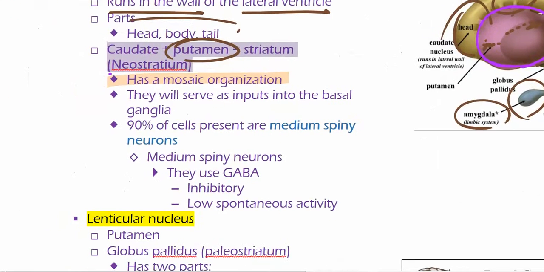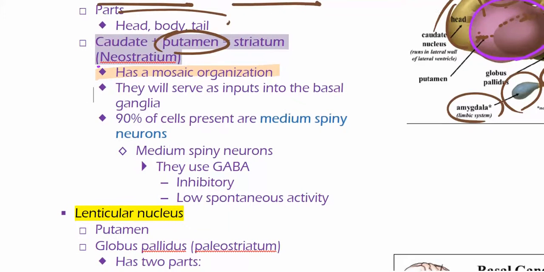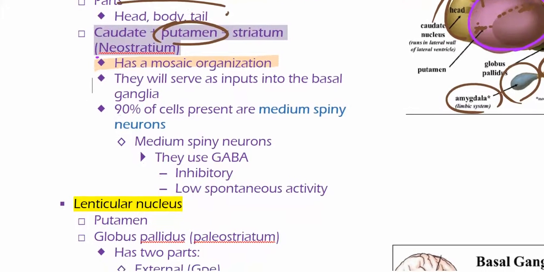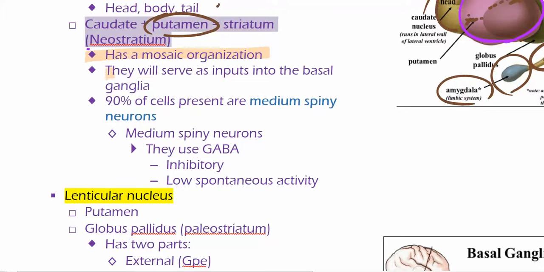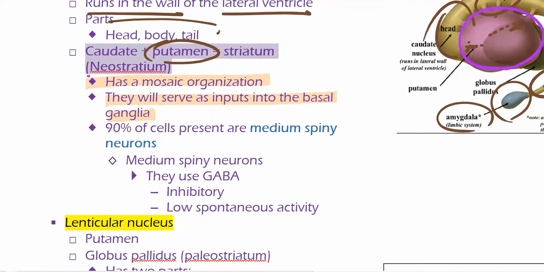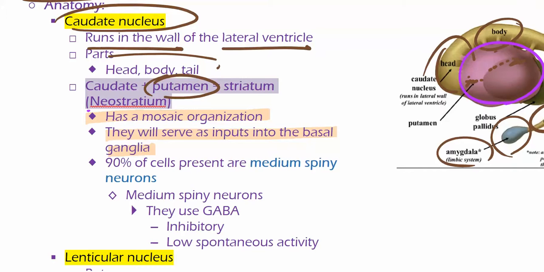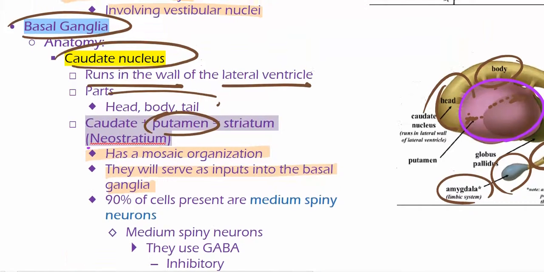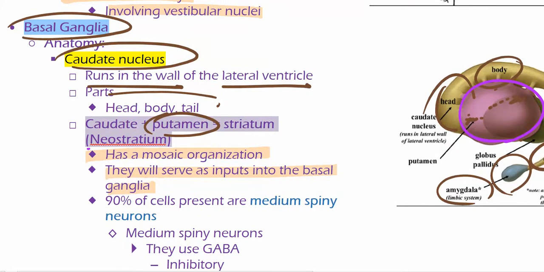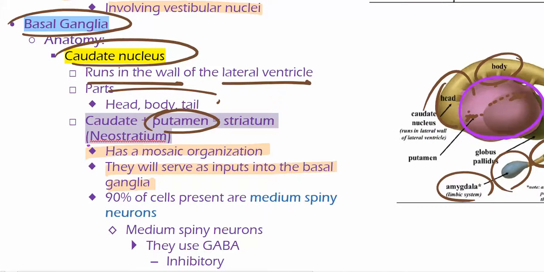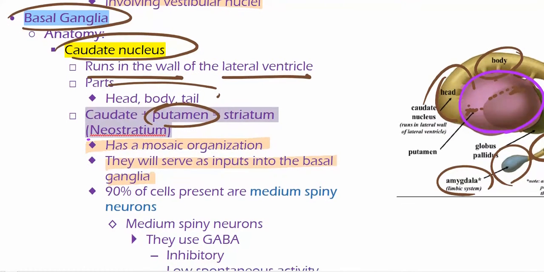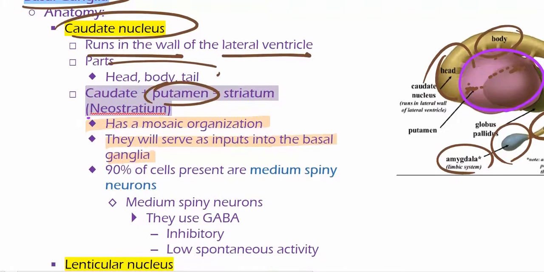So caudate plus putamen is your striatum. It has a mosaic organization. They will serve as inputs into the basal ganglia. So we looked at the caudate nucleus, and we said it was in the lateral wall of the lateral ventricle, and that the caudate nucleus plus your putamen makes up your striatum.